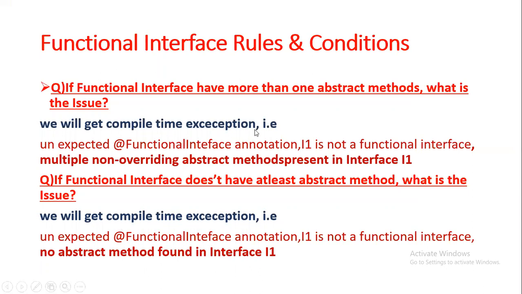So it should not have more than one abstract method, and at least it should have one abstract method. That is the main rule of the functional interface. So what points have we covered till now? A functional interface should have one abstract method and it should be annotated with the @FunctionalInterface annotation.